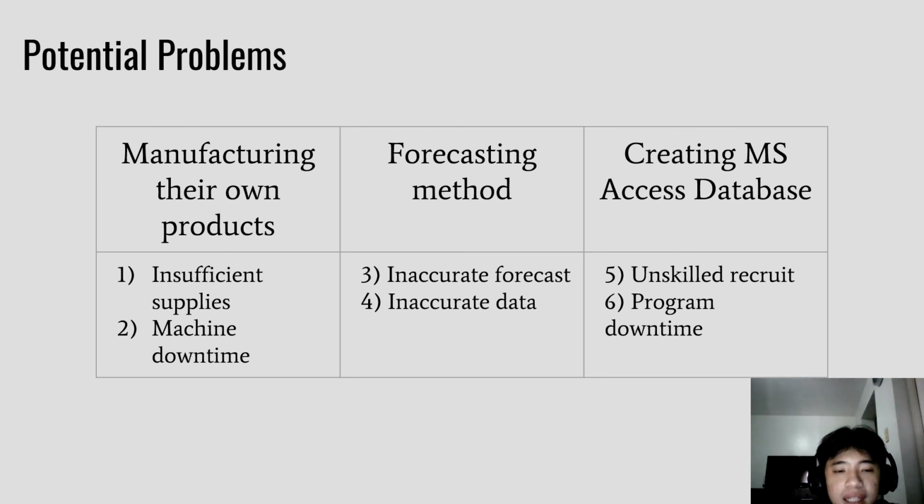Next, the inaccurate data. The risk event triggers are that some activities have not been recorded or there are typo errors. The potential impact is the repetition of their current problem, which is their database is outdated.